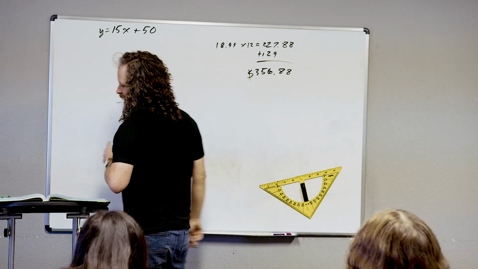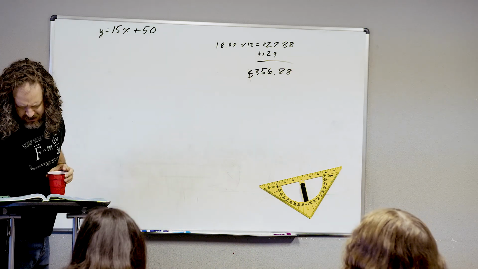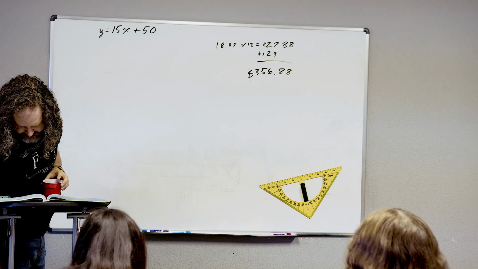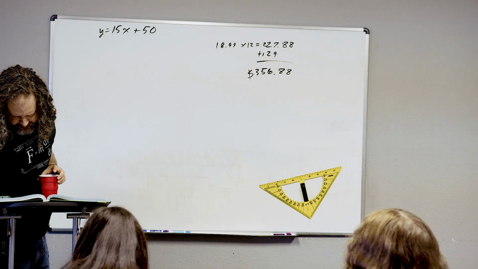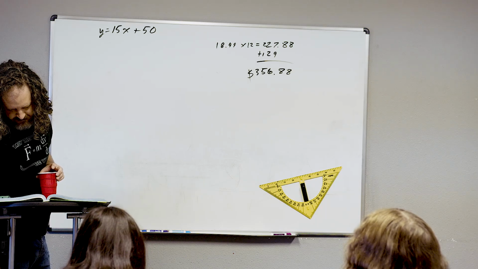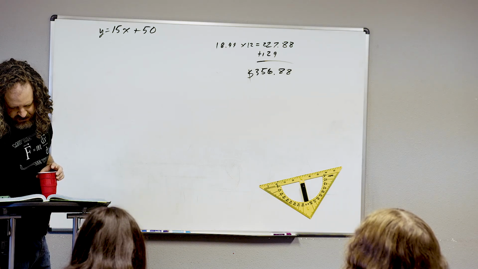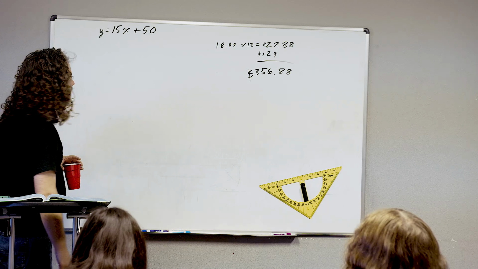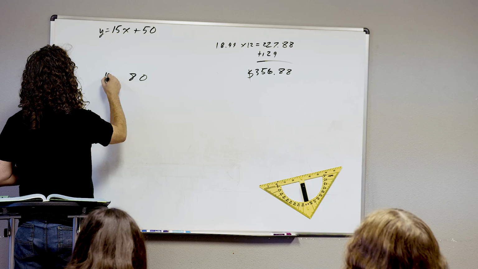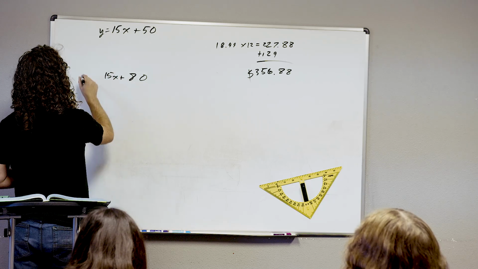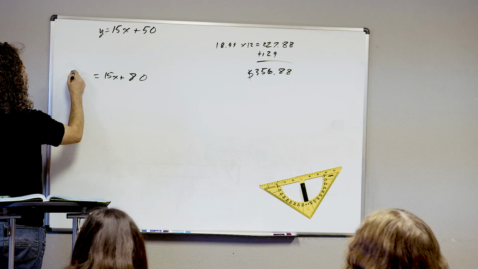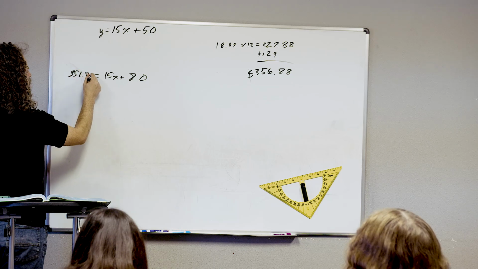Okay, so that's what he's saving for. Yeah, because he's been saving for 2 weeks and he stopped at 50, $80. So he started with 80, and he's going to do 15 per week now. And we want to see how long it takes him to get 356.88.